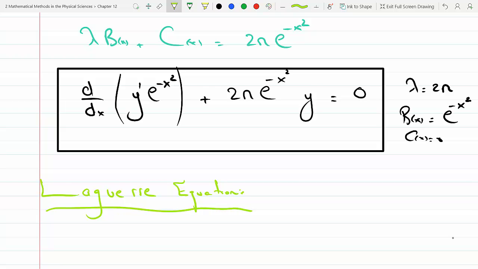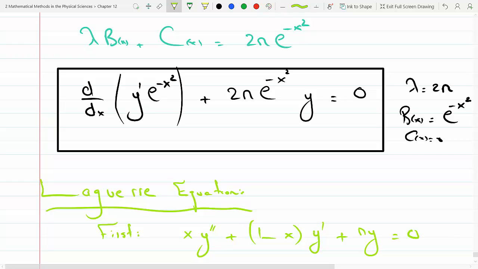And this differential equation, the first one, is xy double prime plus 1 minus x y prime plus ny equals 0. Again, here you can't say that ax is x, because that would mean a prime x is 1, which it's not, obviously, because the coefficient of y prime is 1 minus x.